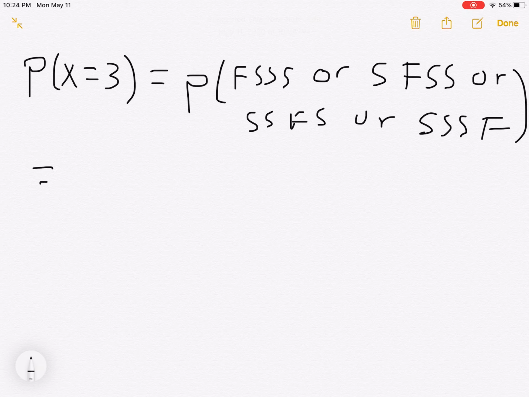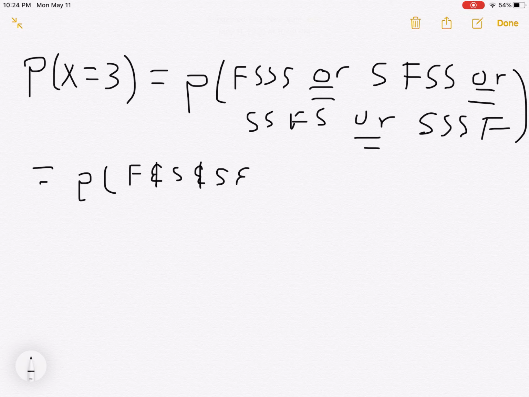And because of this or right here and right here, I'm just going to add these. This is going to be probability of failure first, success second, success third, and success fourth. Plus probability of success, failure, success, success.